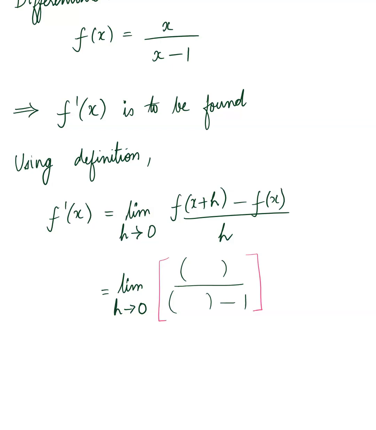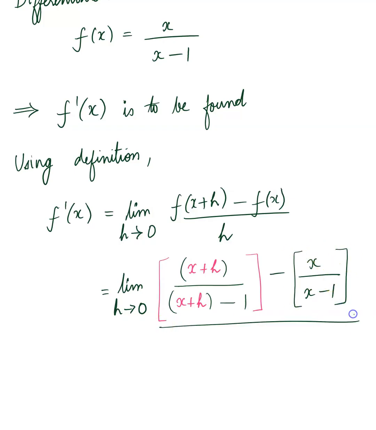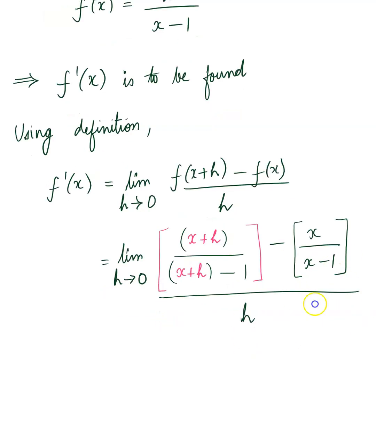Okay. So that is for the first part. Minus f of x, which is x over x minus 1. I'll put that also in parentheses so that we can handle them individually.